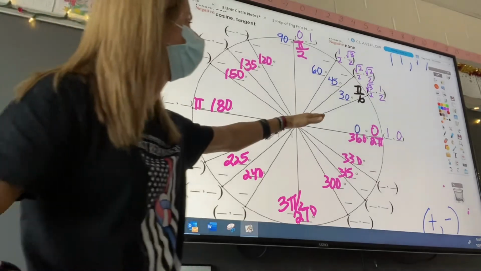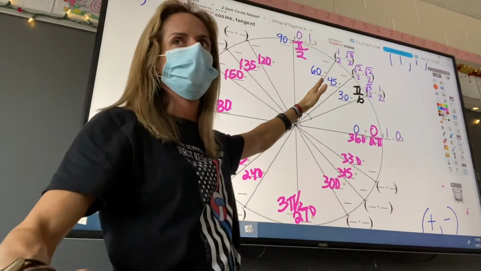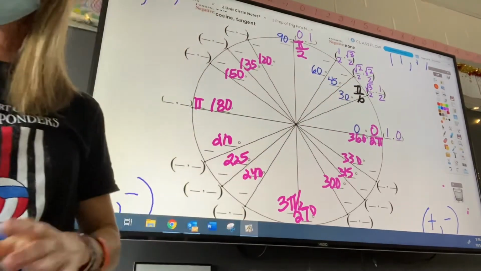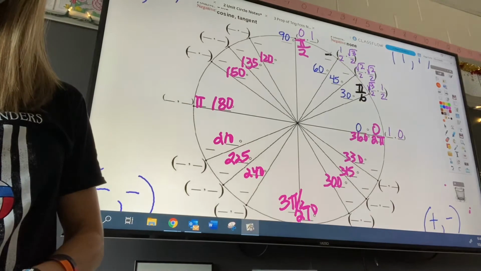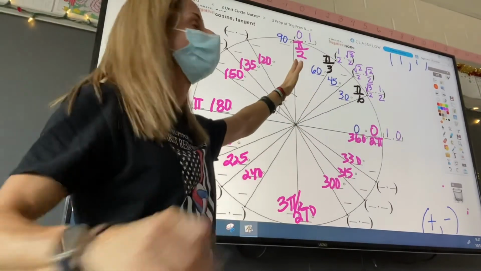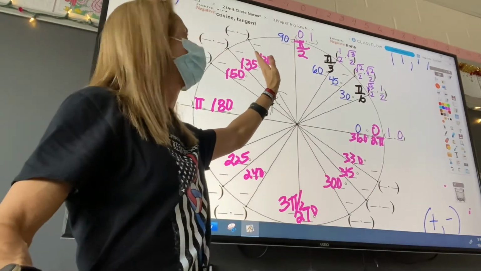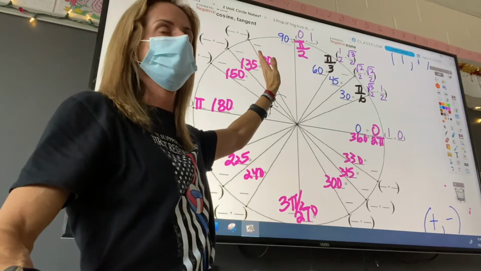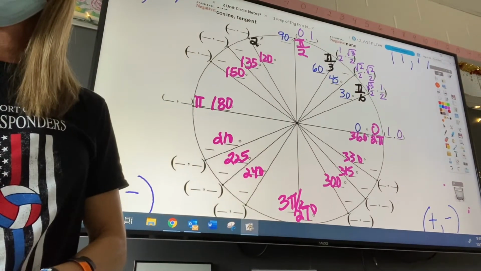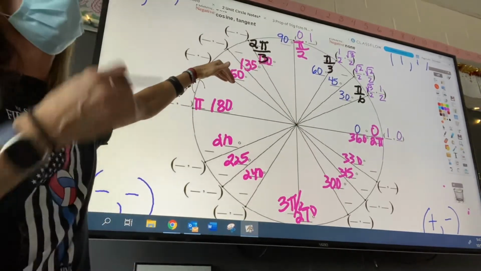But the next one, 2 pi over 6, can be simplified to pi over 3. 3 pi over 6 we already have simplified as pi over 2. 4 pi over 6 we have to simplify. What would that be? 5 pi over 6 can't be simplified.